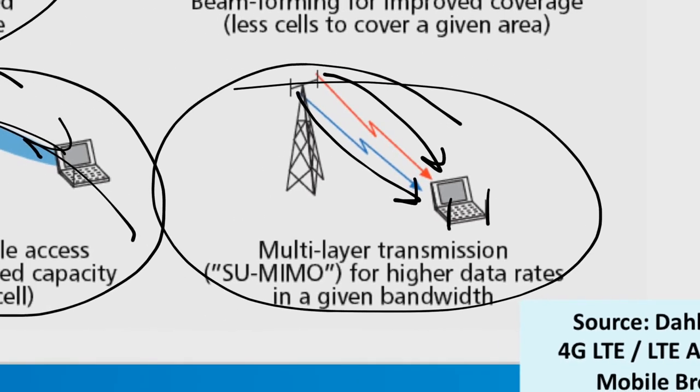However, in order to do this, you do need to have good channel conditions. You no longer have a diversity effect, so both of these signals need to get through in order for you to enjoy that doubling of data rate. If only one of them gets through, well, then you're missing the other signal component completely.